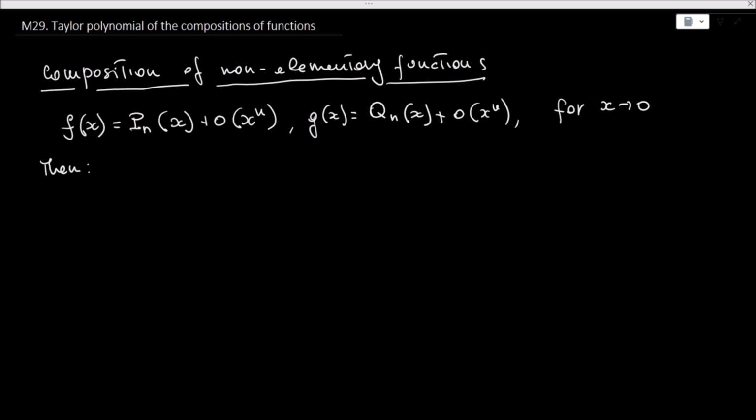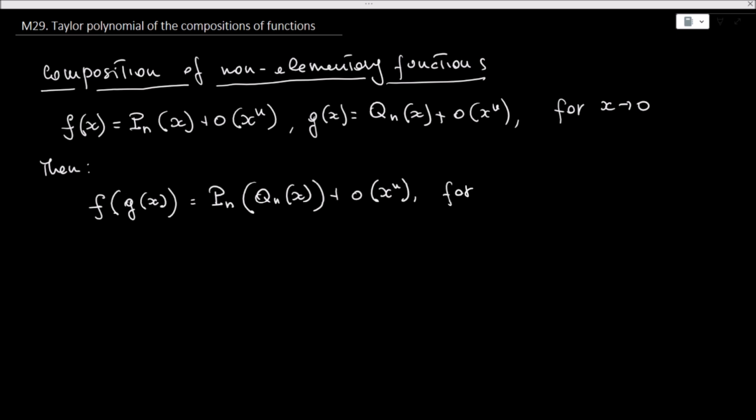we can say that the composition of f and g, so f of g of x, can be expanded into Pn of Qn of x plus little o of x to the n for x that goes to 0.